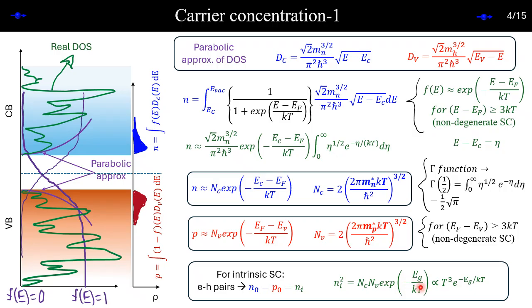As you increase the temperature, there will be more carriers as well. These are the things one can ask questions about: given the intrinsic carrier concentration at one temperature, what it will be at another temperature, for different band gaps and materials. There can be different permutations and combinations you can think about.